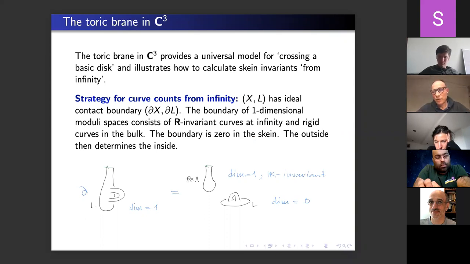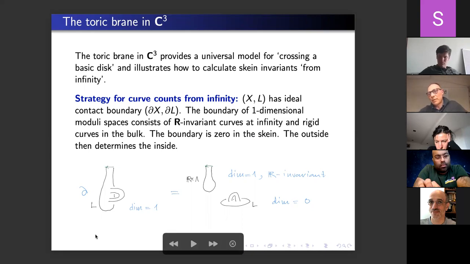I'm going to demonstrate this phenomenon by doing a Skein-valued curve count for the toric brane in C3. The main idea is the following. On this left-hand side, we won't have just closed curves. We have curves that are asymptotic to some Reeb chord, up here. And there are one-dimensional such moduli spaces.